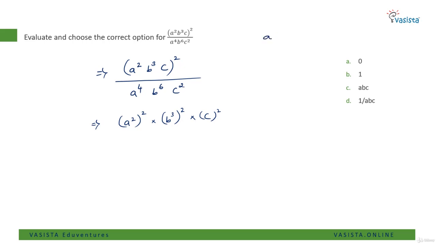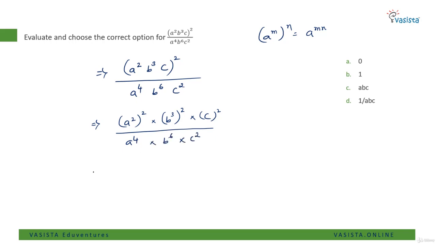That is, (aᵐ)ⁿ is equal to aᵐⁿ, which is nothing but a⁴. So this will become a⁴ times b⁶ times c².